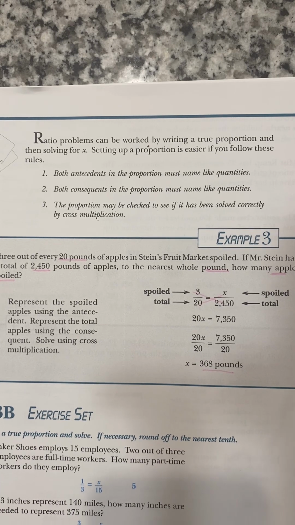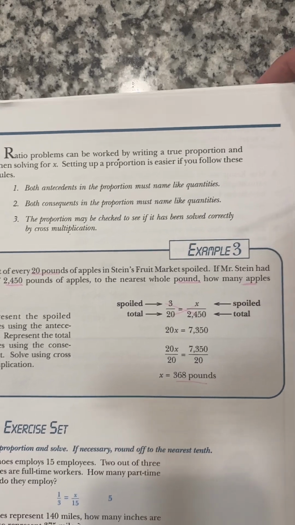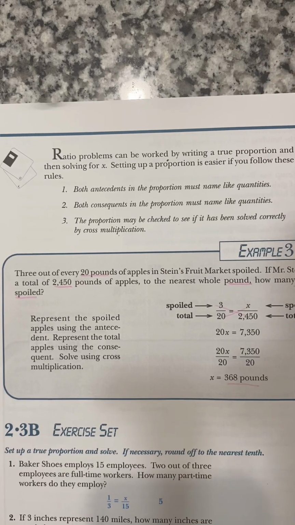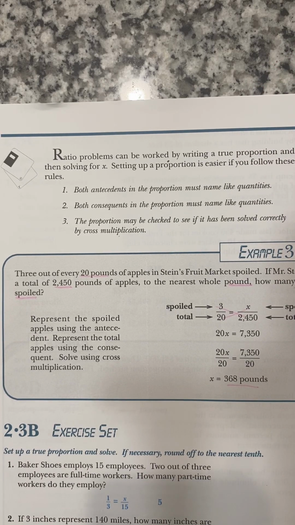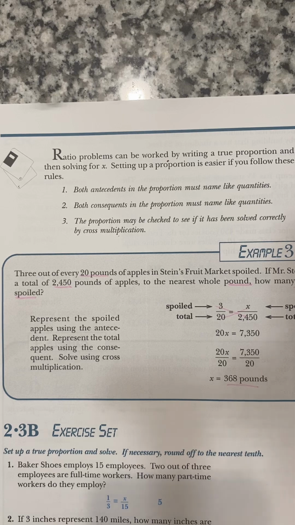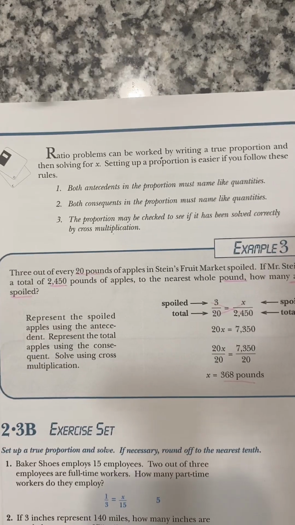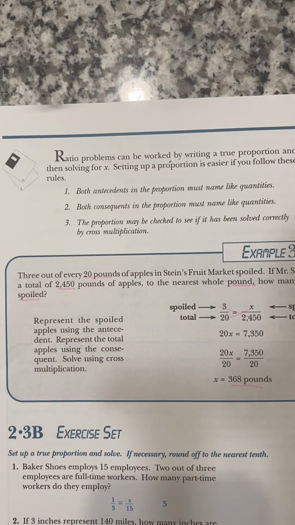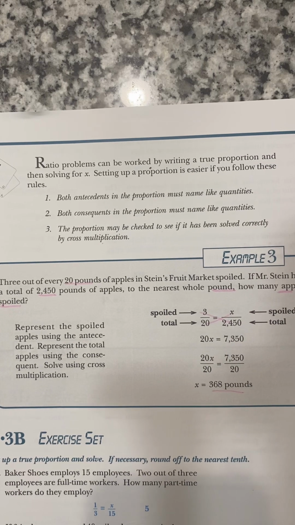Okay, I'm getting low power here, so I'm going to have to stop, I think. But let's get going. Let's finish, see if we can get to ratio problems. Ratio problems can be worked by writing a true proportion and then solving for x. Setting up a proportion is easier if you follow these statements.